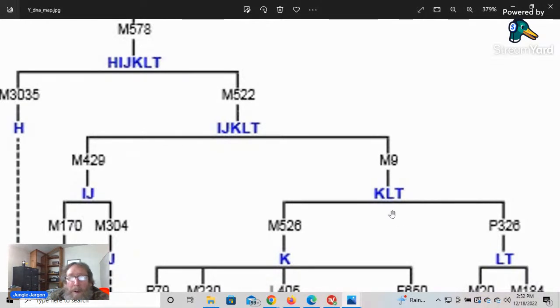Japheth, being the oldest brother, has the more original Y chromosome than does Shem and his descendants. Or at this point back here, Japheth actually shares a polymorphism with his nephew, Arpachshad, which is the father of the I and the J, which is the Danites and the Arabic people and the Jewish people.